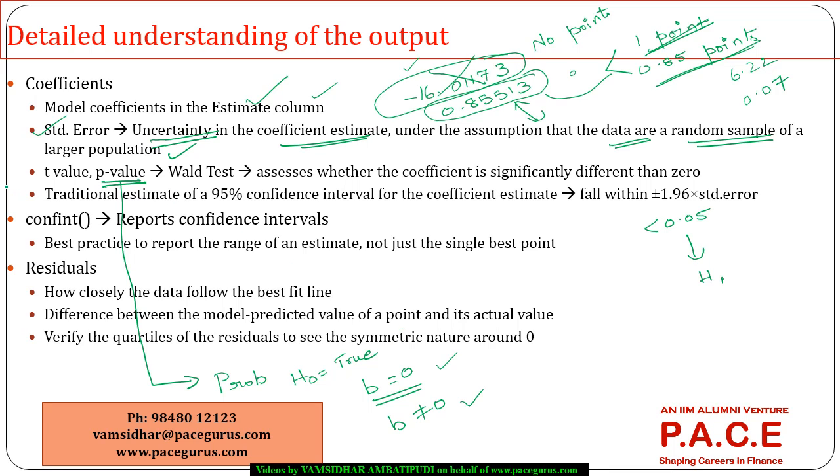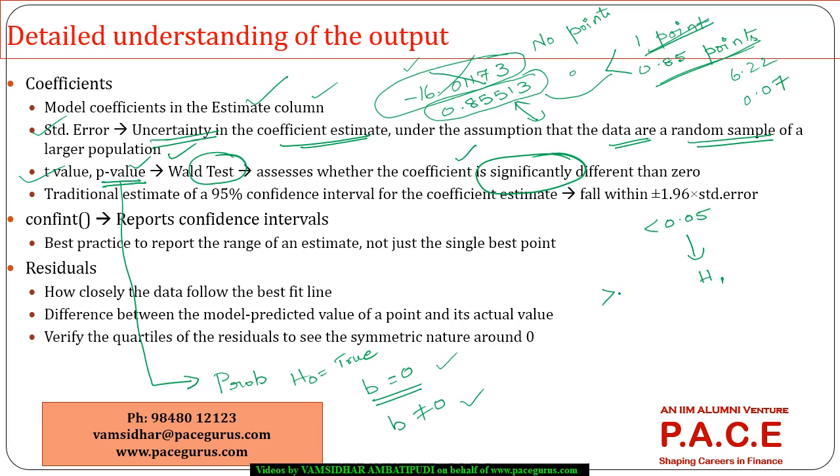So the whole thing is a test that is being performed. I look at the p value. If the p value is less than 0.05, my decision goes in favor of the alternate hypothesis, which asserts that the coefficient is significantly different from 0.